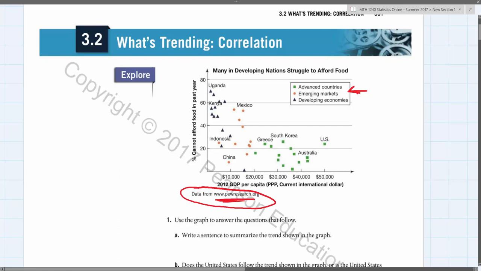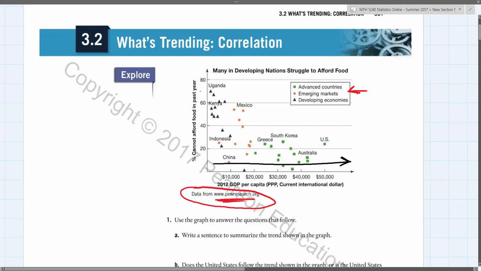If we look at this for a little bit, a trend you can see is essentially, as we go to the right, in other words, as we increase the country's GDP, notice the y values tend to go down.